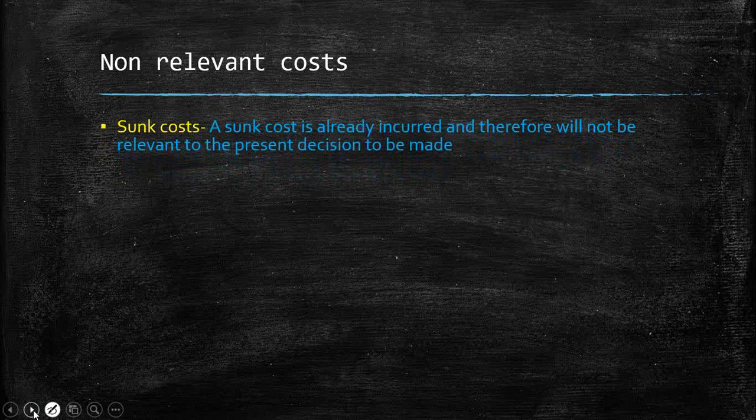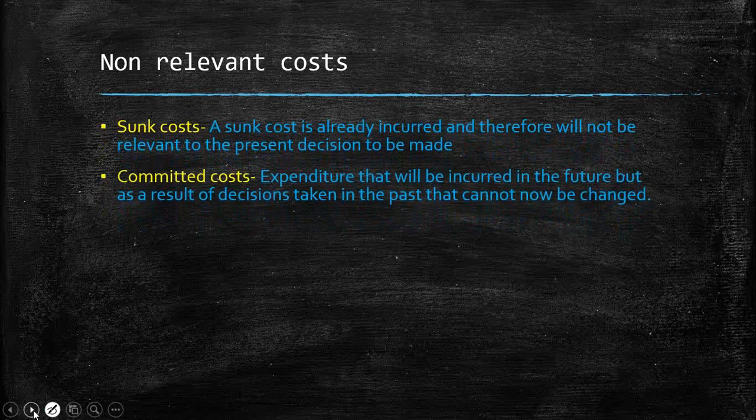You have already taken the premises on rent for 100,000. So it doesn't matter whether you produce 1 unit, 2 units, or even 0 unit, because you have already decided to rent that premises for 100,000. So you have made a decision. Because you have made a decision for 100,000, it's sunk cost. So it doesn't matter whether you produce 1 unit, 2 units, 3 units, relevant cost is 0. Right? So that's a non-relevant cost.